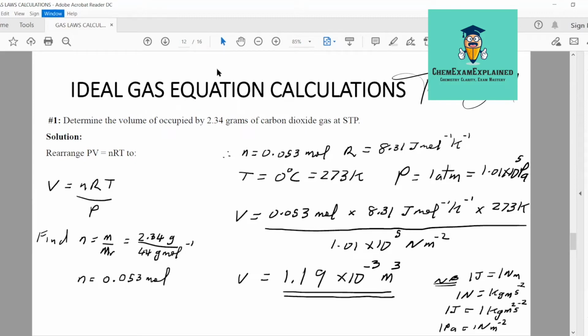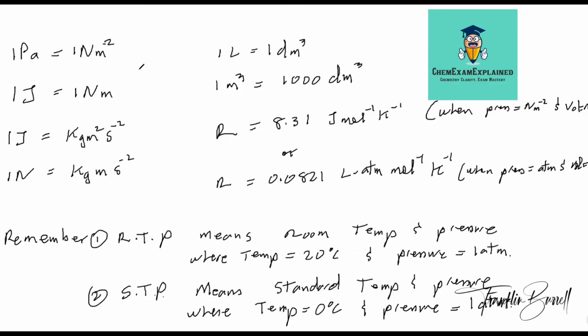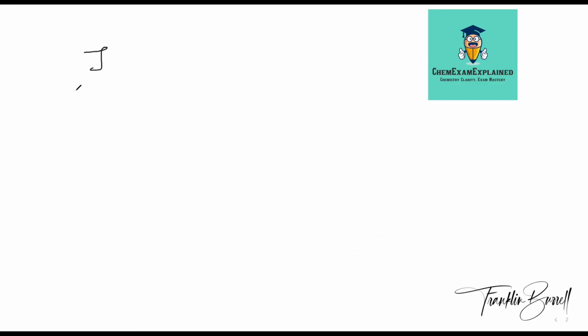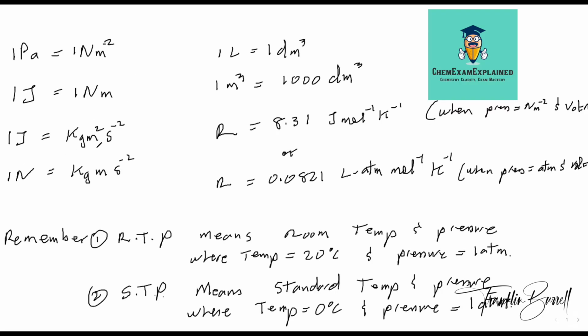So let's see how that would work out. If I have joules on top and below, I have Newton per meter squared. Remember that joules is kilogram meter squared per second squared here. And Newton is kilogram meter per second squared. So I'm going to use this section right here to work out the unit.